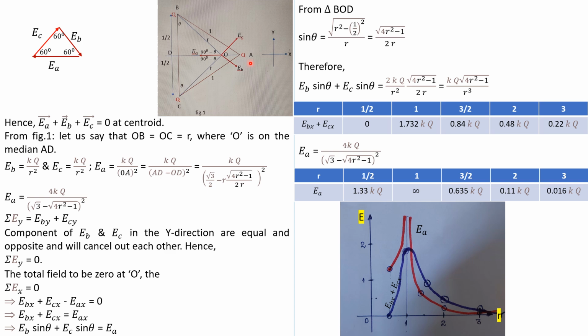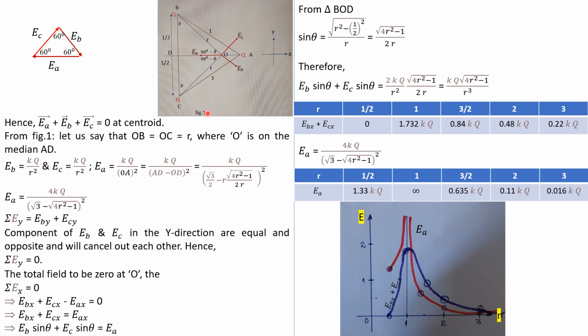For the total field to be 0 here, the field in the x direction should also be 0, because in the y direction we have already got 0. The field in the x direction is the component of EB, the component of EC, and EA, which already lies in the x direction towards the negative x direction. So this should be 0.